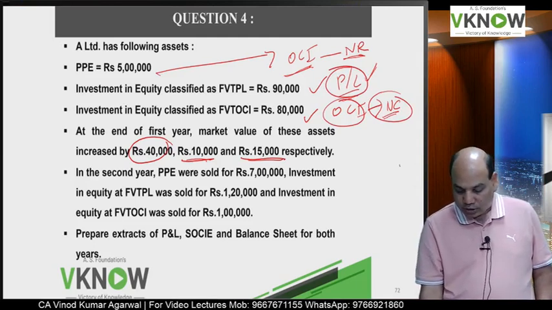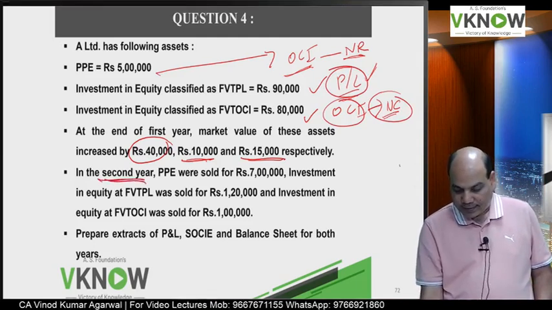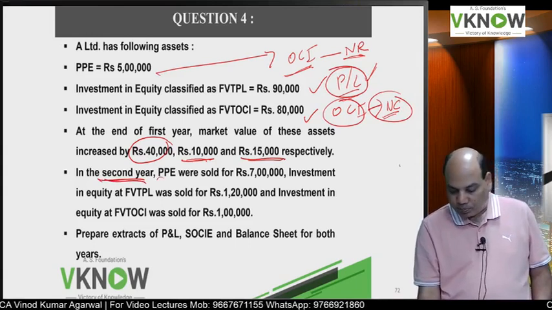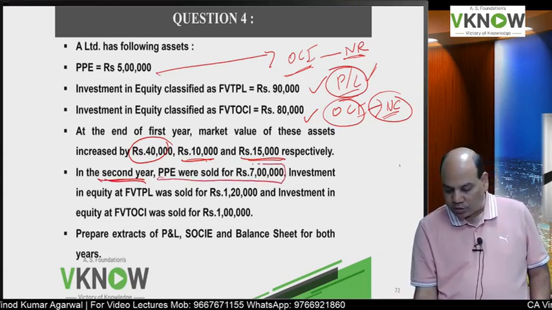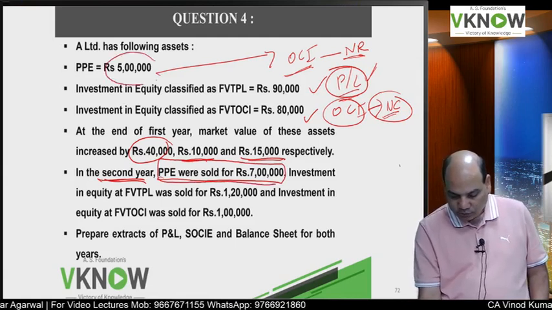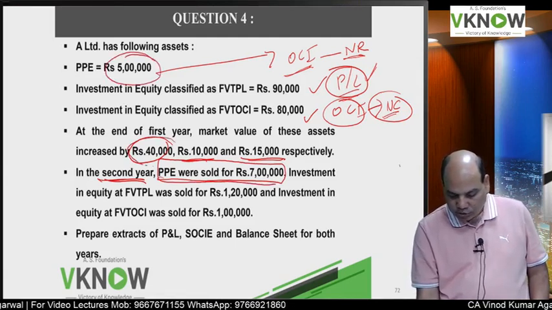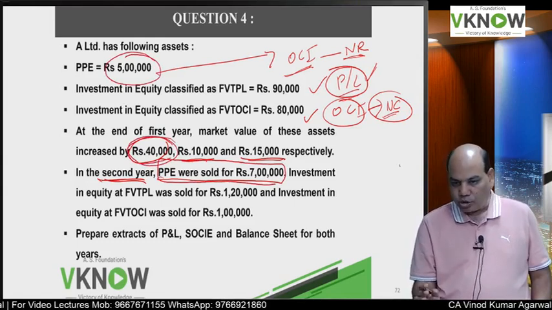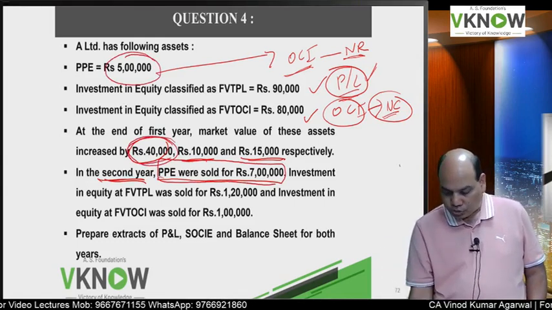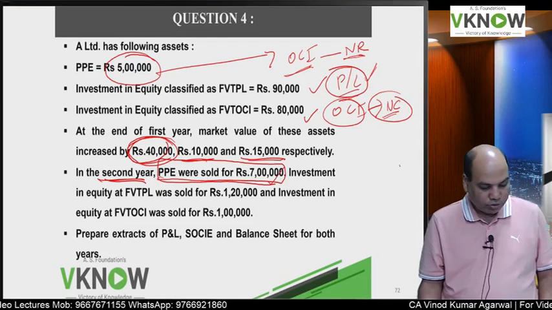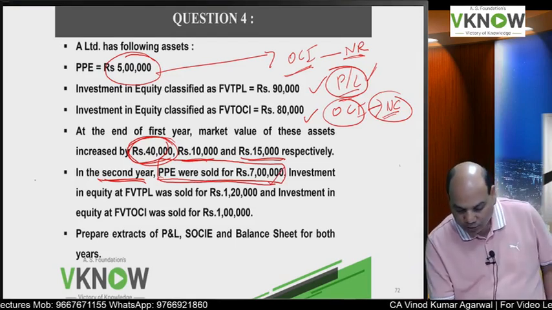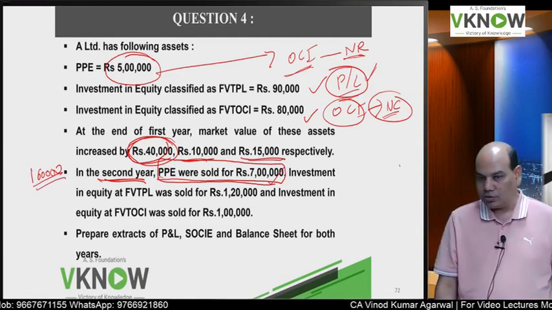In the second year, the PPE was sold for rupees 7 lakh. Now wait, opening balance is 5 lakh plus 40, so book value is 540. Sold for 7 lakh. So in second year profit is 1,60,000.